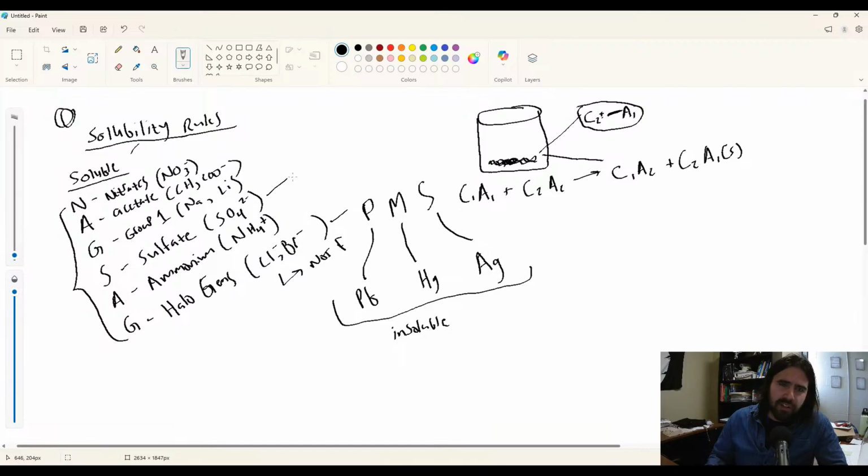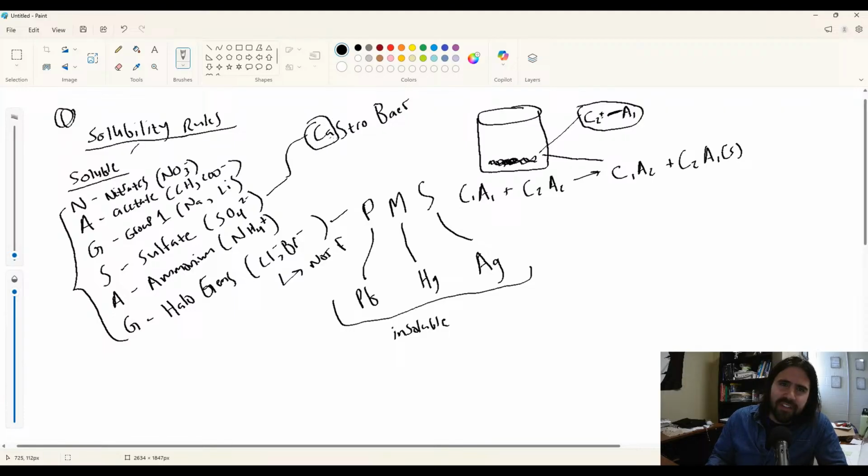For the sulfate side, we also have a couple of exceptions. The acronym for this one is Castrobear. Okay. Ca, that one's pretty straightforward.